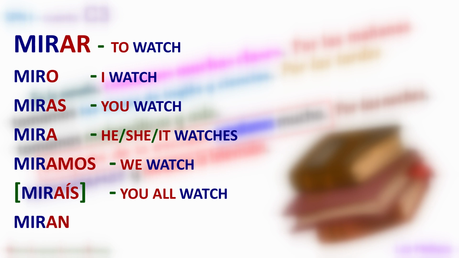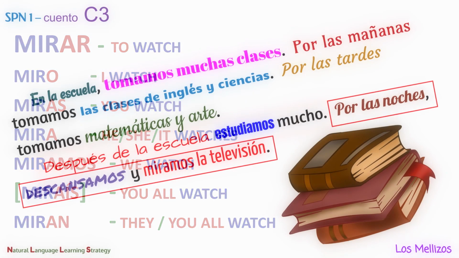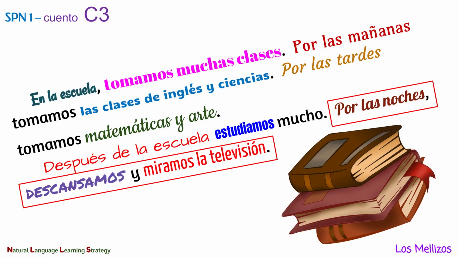And miran, they watch or you all watch. So, por las noches miramos la televisión is at night or in the evenings, we watch TV. Put it all together, por las noches descansamos y miramos la televisión. At night or in the evenings, we relax and watch TV.